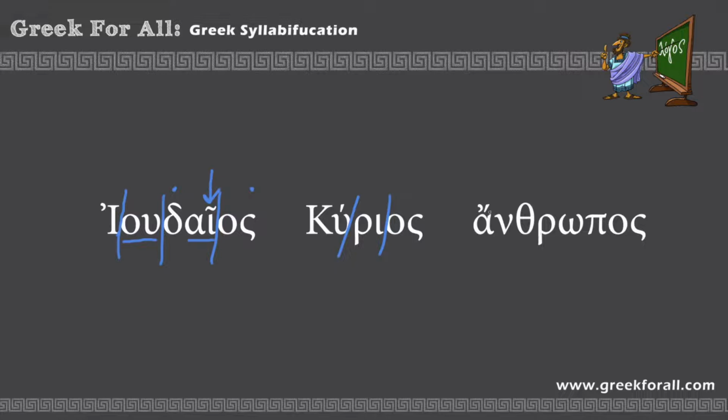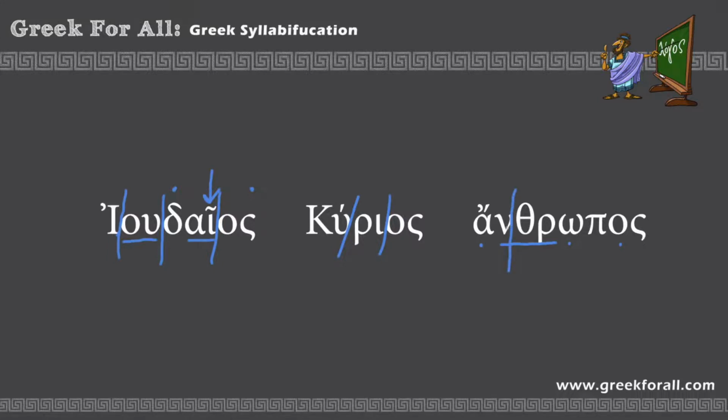We have 3 vowels, which means that this word will have 3 syllables, but we also have 3 consonants standing together. So the rule goes, I think that we need to split it between the first 2, so let's just do it right here.